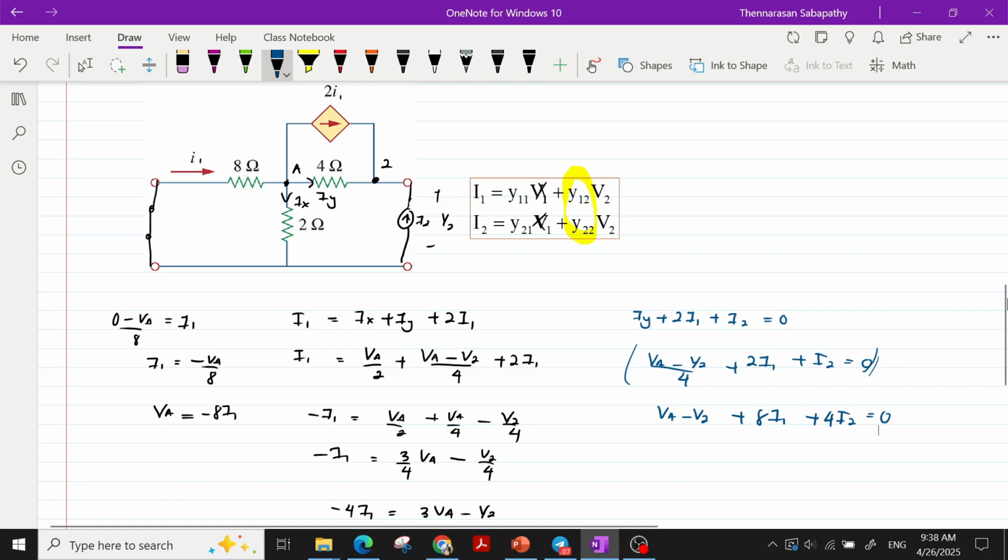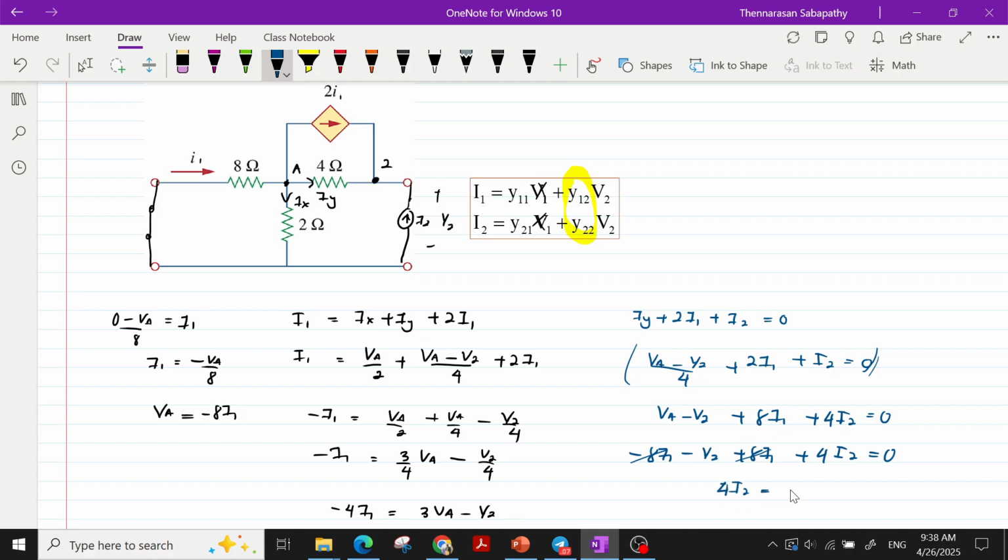And now I can substitute VA equals negative 8I1, correct or not? So negative 8I1 minus V2 plus 8I1 plus 4I2 equals 0. So these two cancel, remaining negative V2 and 4I2.